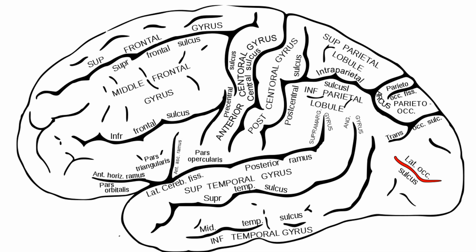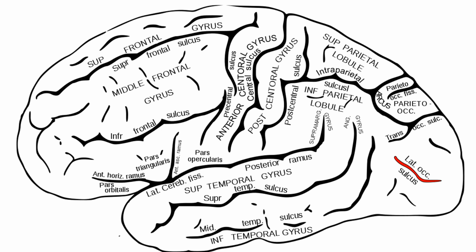So try to find out the anterior and ascending rami of the lateral sulcus and the three gyri, namely the pars orbitalis, pars triangularis and pars opercularis.